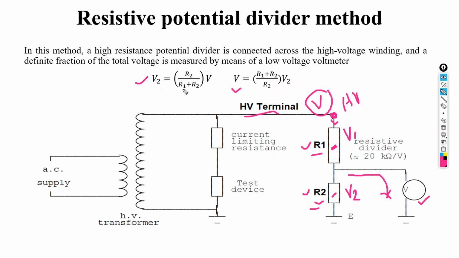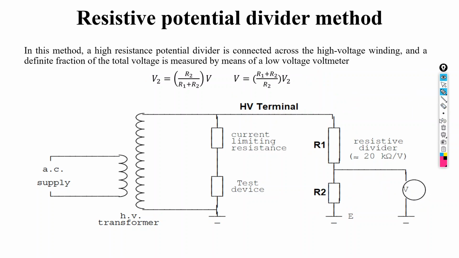We know the values of R1 and R2, and we know the voltage drop across R2 with the help of this voltmeter, so we can easily find the voltage at the high voltage terminal. So this is again a simple method with which we can measure high voltage.